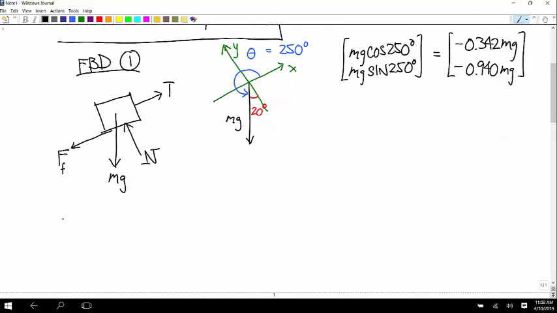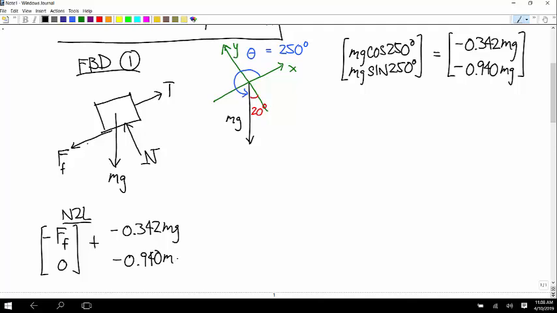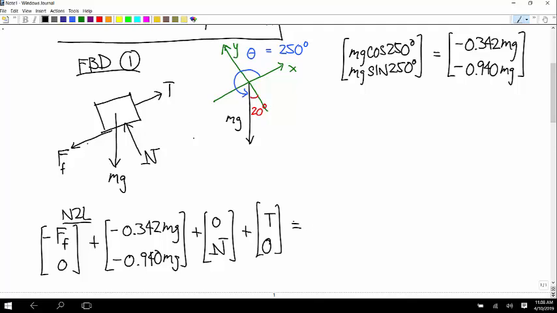And now Newton's second law. We have the negative friction force in the x direction, weight force, the normal force, the cable force, and that's all equal to the mass times the acceleration.